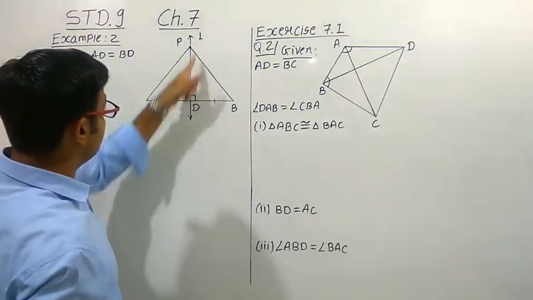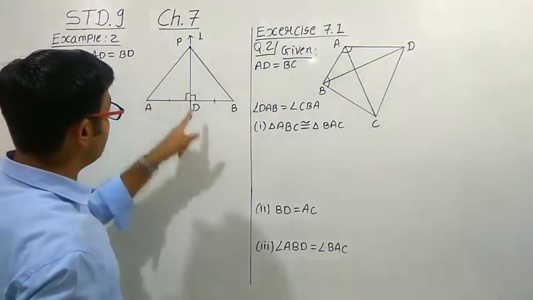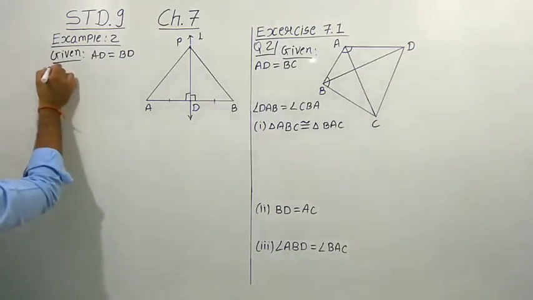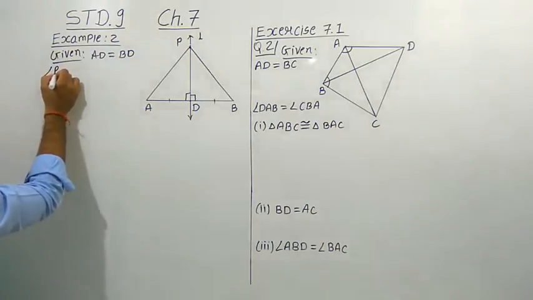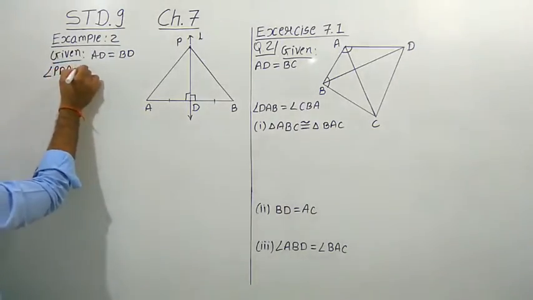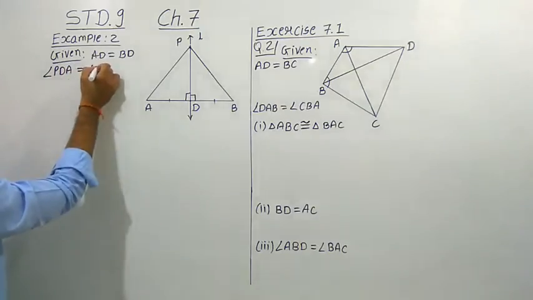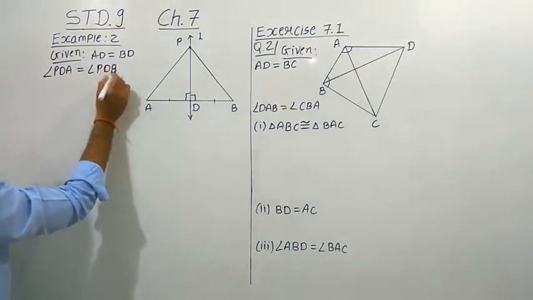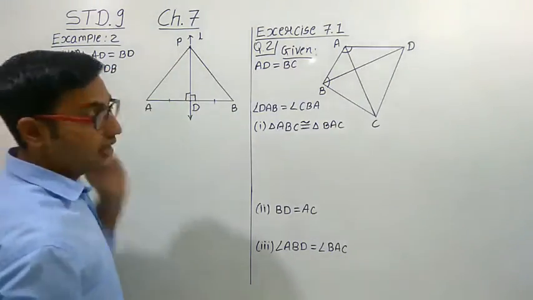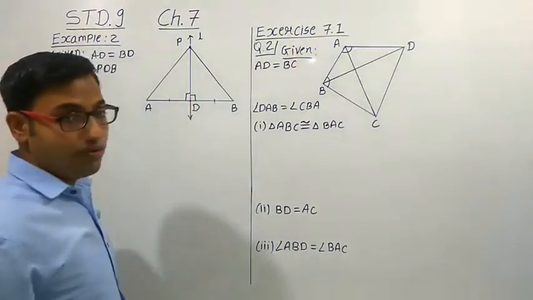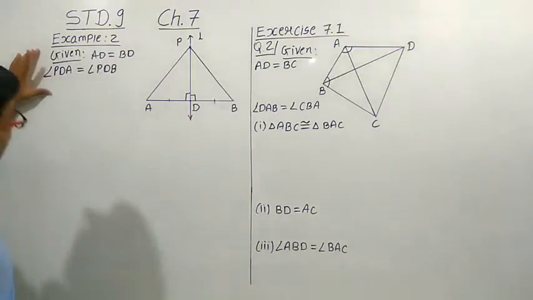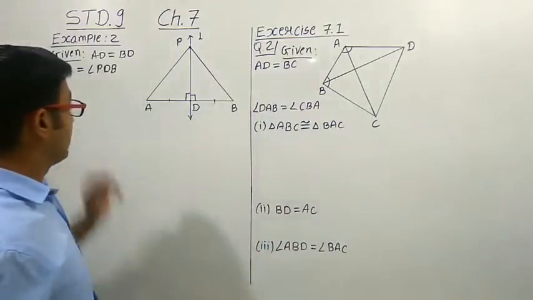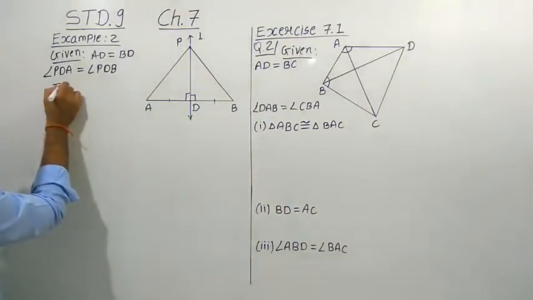Second condition: angle PDA and angle PDB will also become equal, because this is the perpendicular bisector, so this angle will be 90 degrees. So these things we have to write down in the given section. Now what do we have to prove?